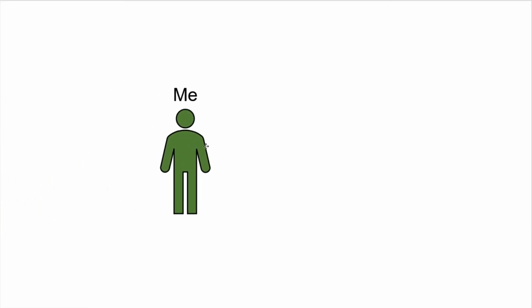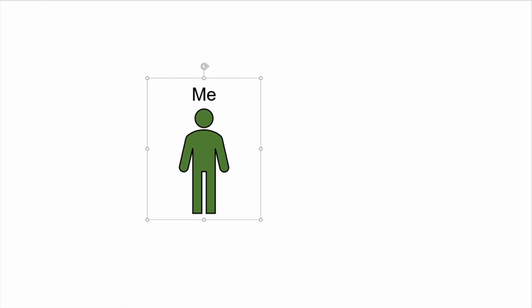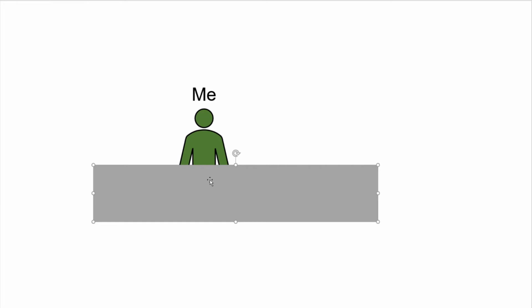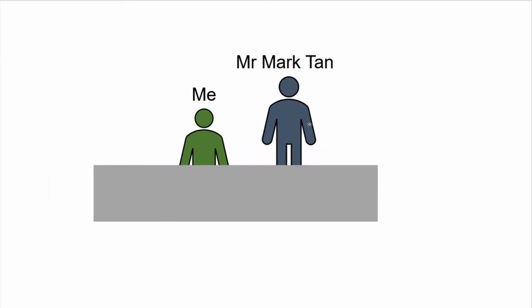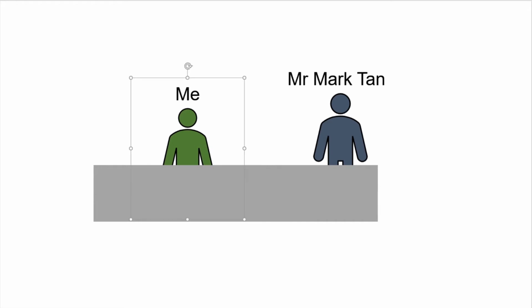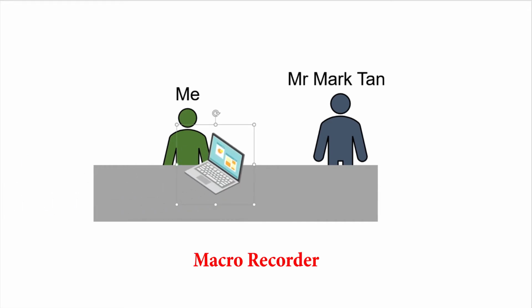Okay, so year 2 was when I actually transitioned from Excel into VBA. So this is me again. During our year 2.1 flex week, they invited Mr. Maktan again. He taught us basic macro recording, which records your steps as VBA code.